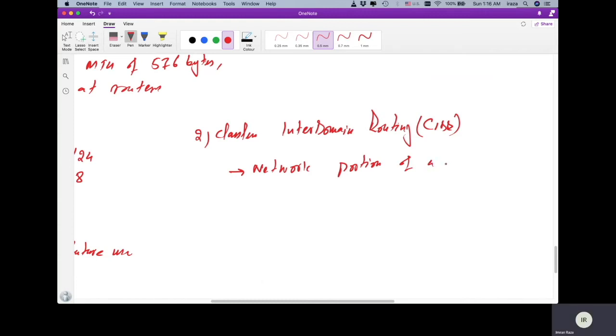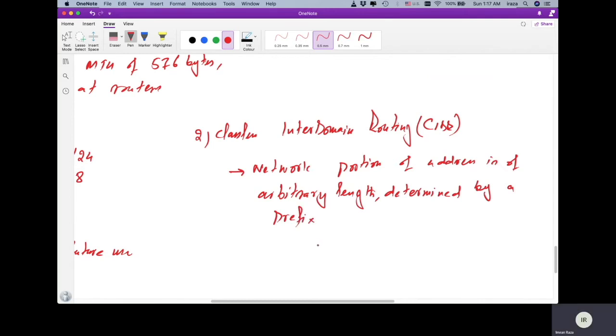And then the question arises, how will we identify how many bits are representing the network portion? So it is determined by a prefix.